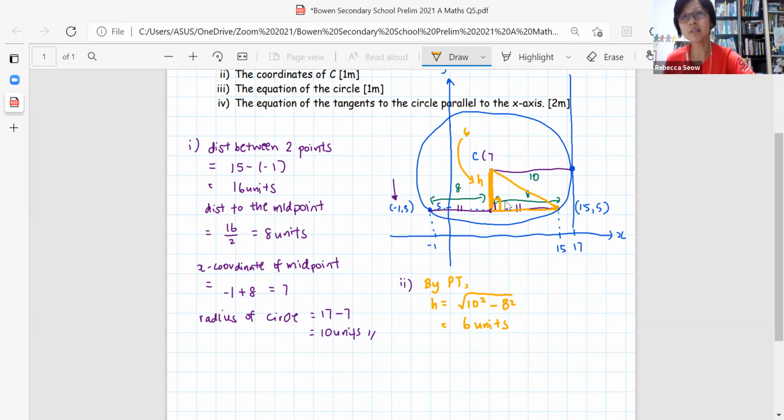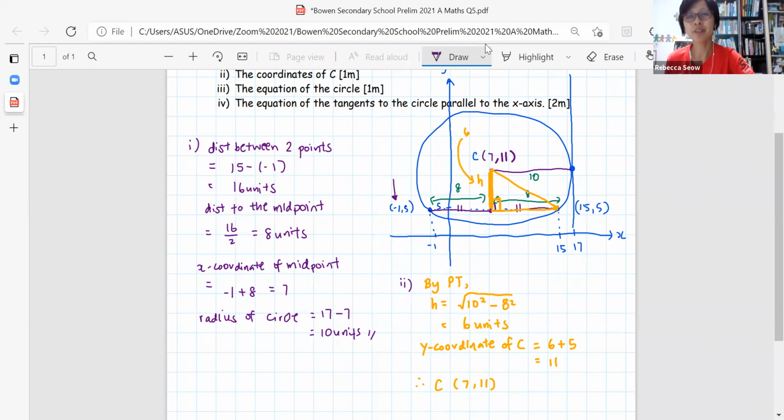Let me put it down. Hence the center of the circle has coordinates (7, 11). So that's our answer for part 2.